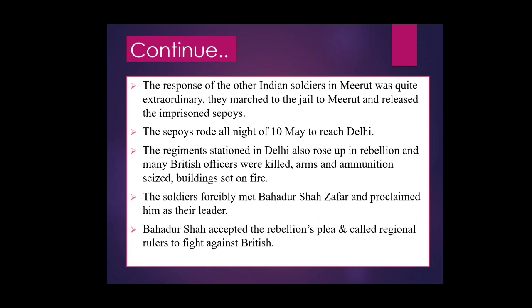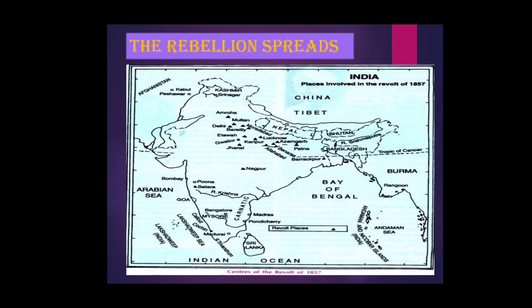Bahadur Shah Zafar accepted the request of the soldiers and called on regional rulers to fight against the British. It means the emperor requested the local rulers to support the sepoys in the revolt, so many of them came to help them.